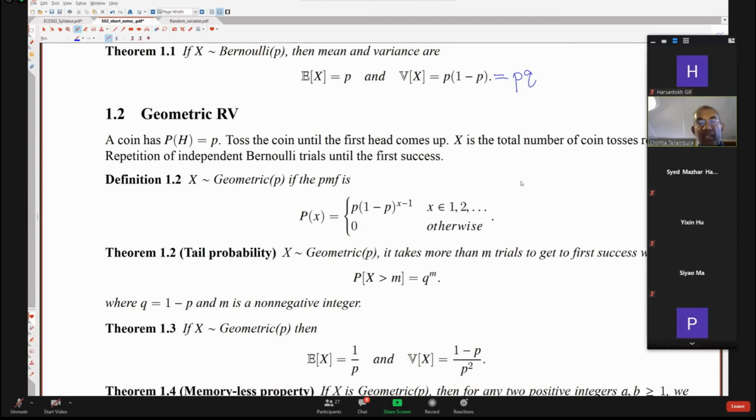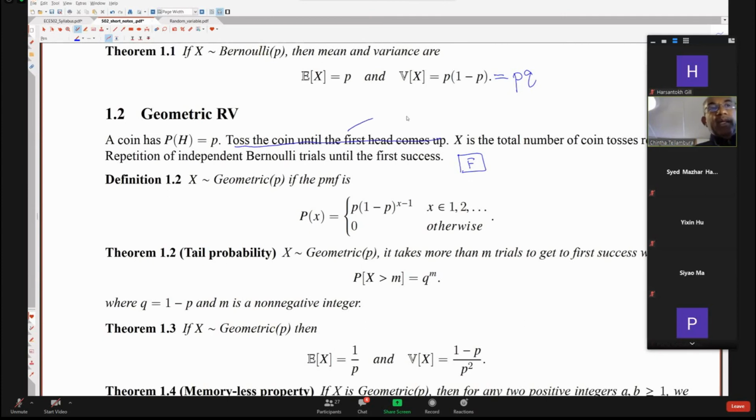In other words, what we are doing is we are running a Bernoulli experiment. Every time you can only get an F or an S. So if I get an F, this means I have to continue, because you have to toss the coin until the first head comes up.